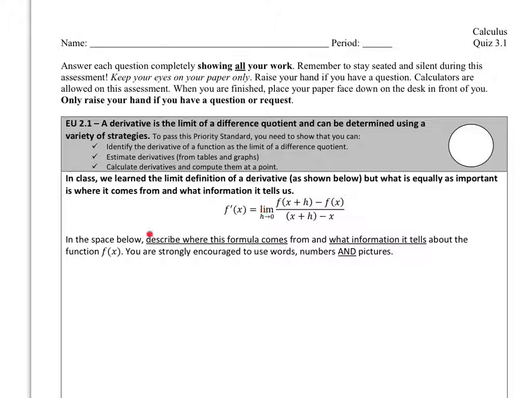So I was looking for a few key things. I was looking for you to describe where this formula comes from. If you were describing where the formula comes from, I was expecting to see things on your paper like, it's from the average rate of change. It's coming from that formula.